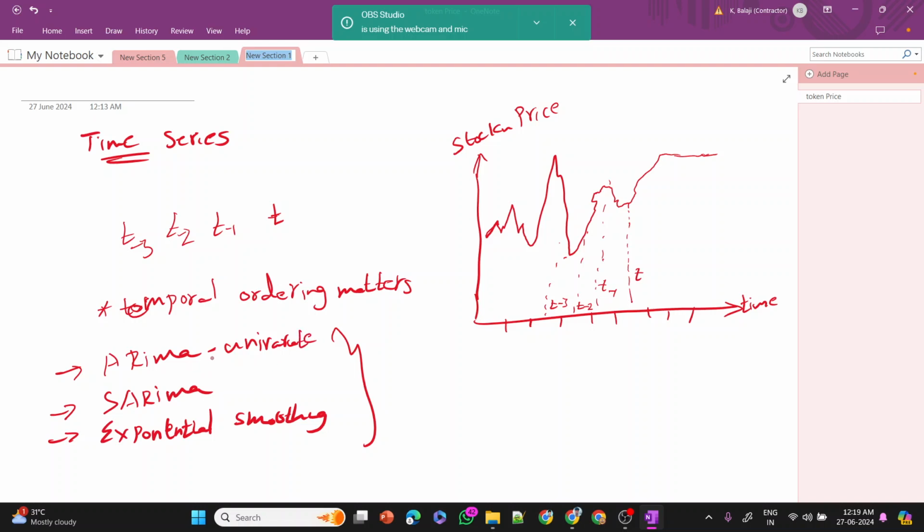This kind of ARIMA model is very useful in univariate data sets that do not have seasonality. Whenever we are handling a season based problem, we can go to SARIMA, that means Seasonal ARIMA.